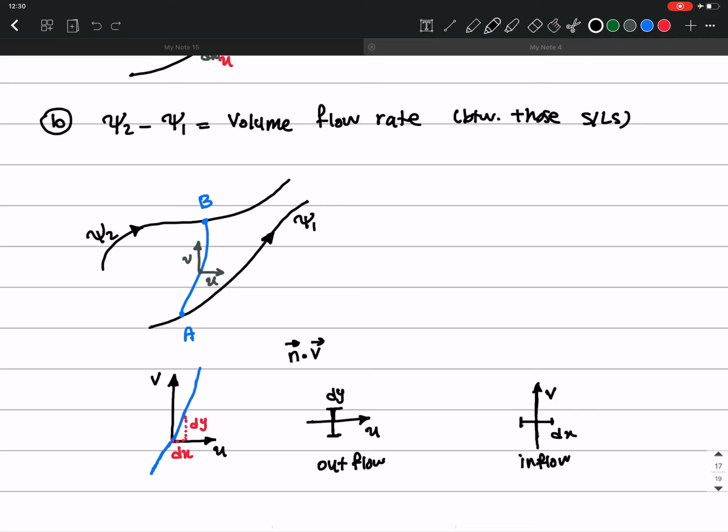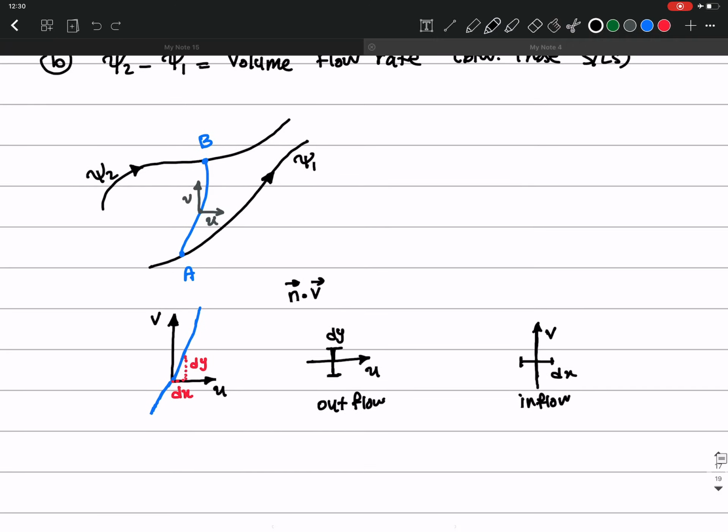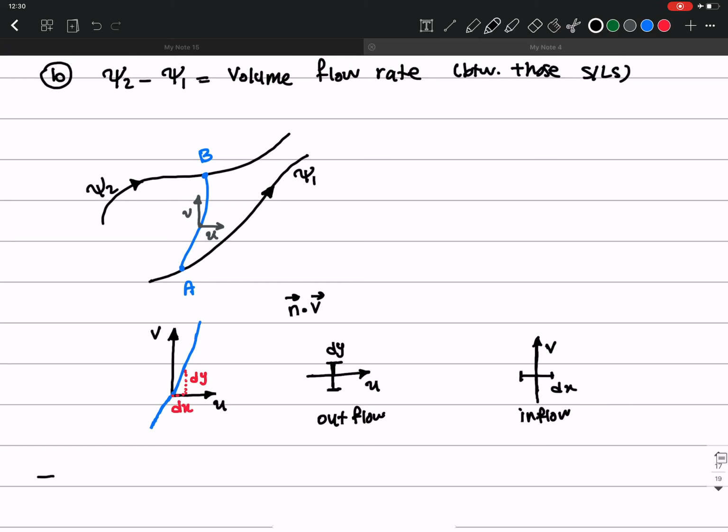And we want to calculate how much of it is actually crossing here. So what is the volume flow rate which is going out of this AB line? Okay, so the volume flow rate, we can calculate it by integrating from point A to B of n dot v ds over this streamline. So it's going to be first the rate of outflow, how much is going out.